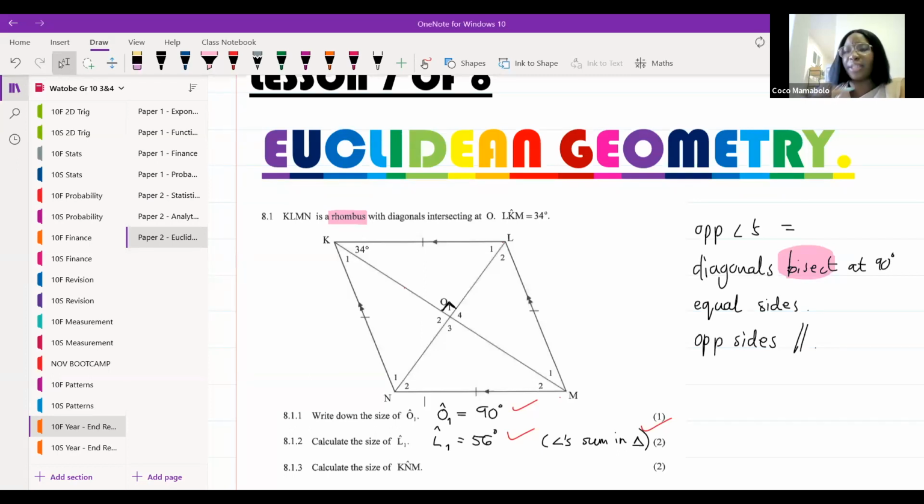Good, Onako? Yes, we are aware that the opposite angles are equal, but that only tells us half the story. Even though we know that L is equal to N, we know that they're equal. Yes, good, Siam Tanda and Stephen, that's exactly what we want to use.